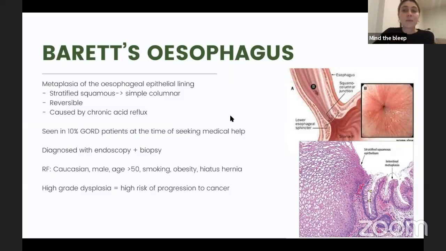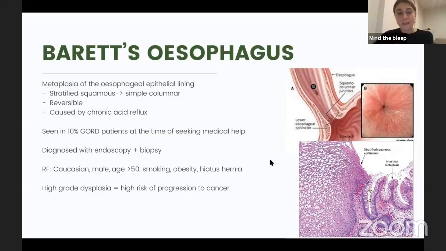At the time when people with GORD seek medical attention, 10% of people have already developed Barrett's esophagus. The way we diagnose it is with endoscopy and biopsy, and it's a histological diagnosis. When you do the endoscopy, you can see this characteristic appearance seen in here and on the previous slide.